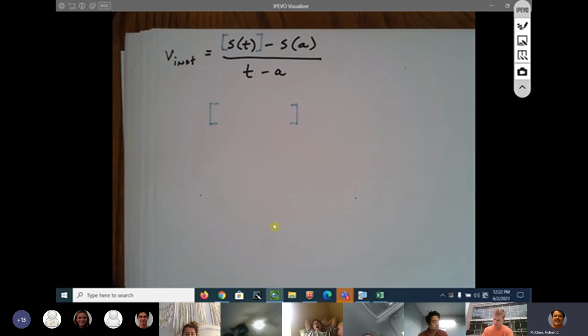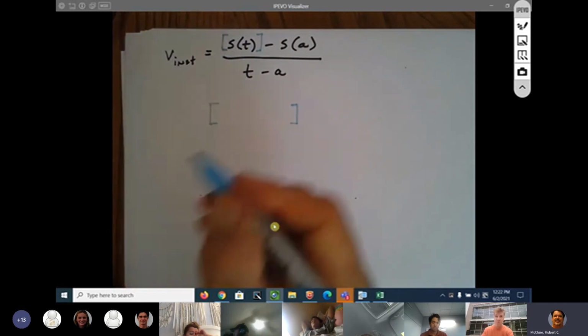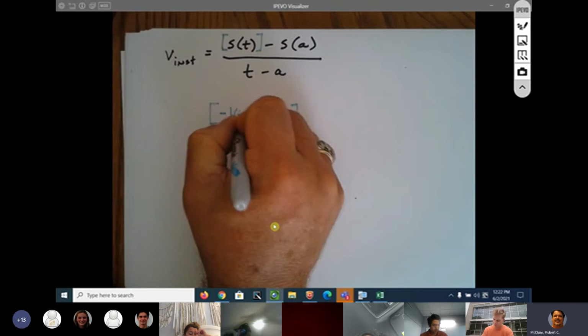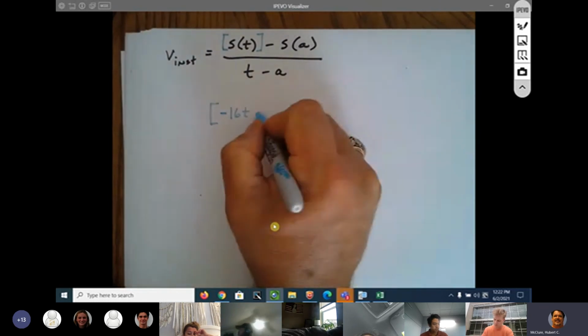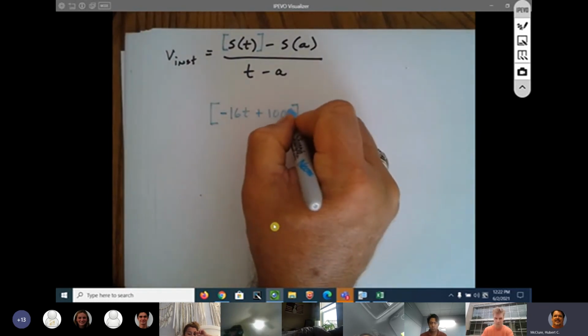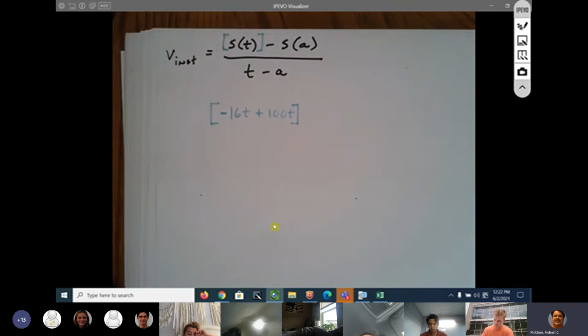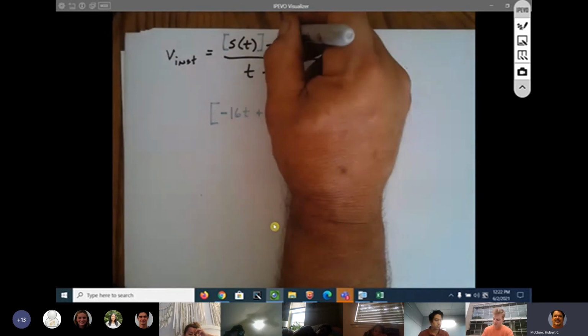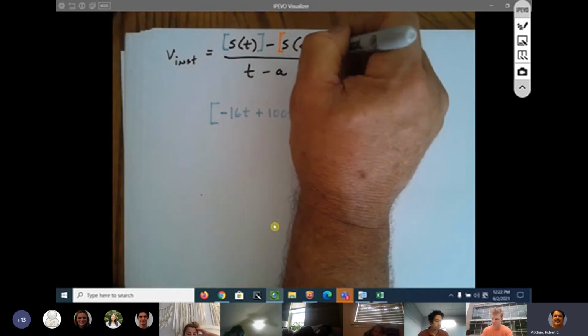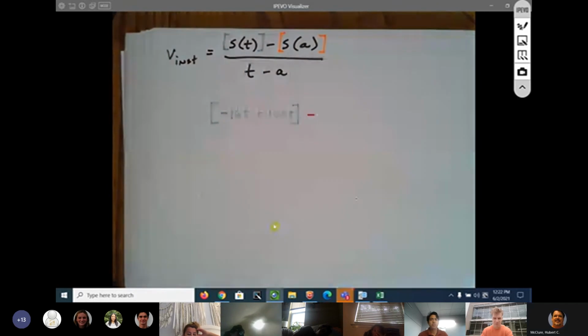So I'm going to plug in negative 16t squared plus 100t minus s of a. So what does that mean I'm going to do with s of a? Wherever there's a t, I'm going to plug in what?